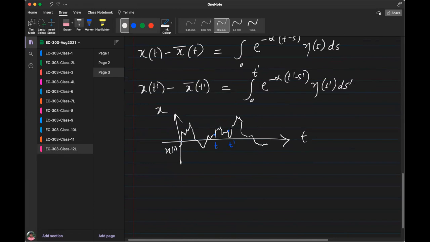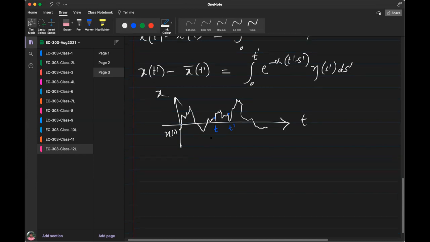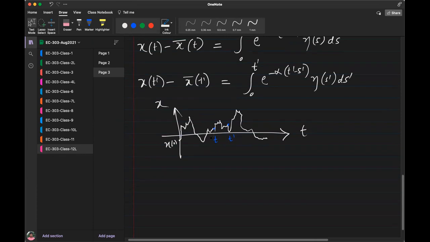We want to know how these two are related to one another. If these 2 points were unrelated, this covariance should be 0. If they're strongly related, it must be greater than 0. If they're anti-related, if they're opposite of what they were, it must be a negative value. That's what we are trying to find out.